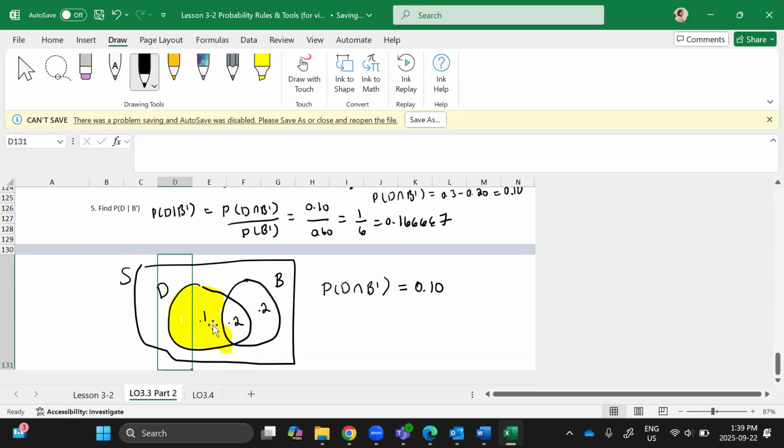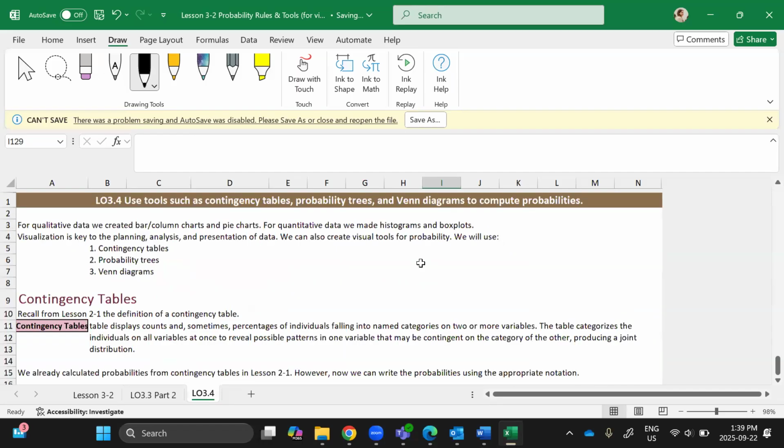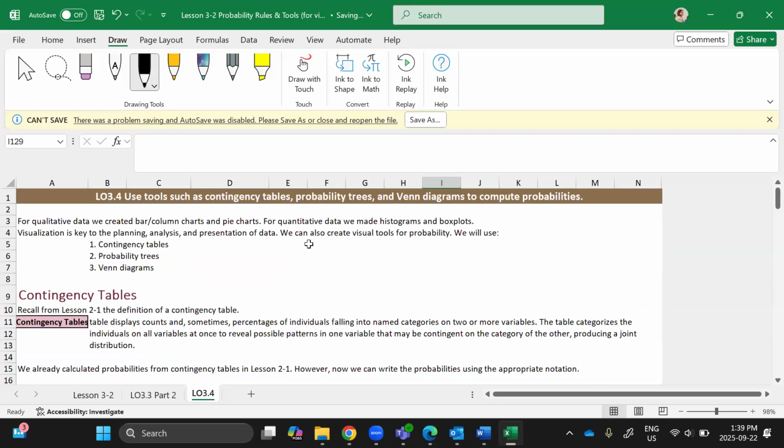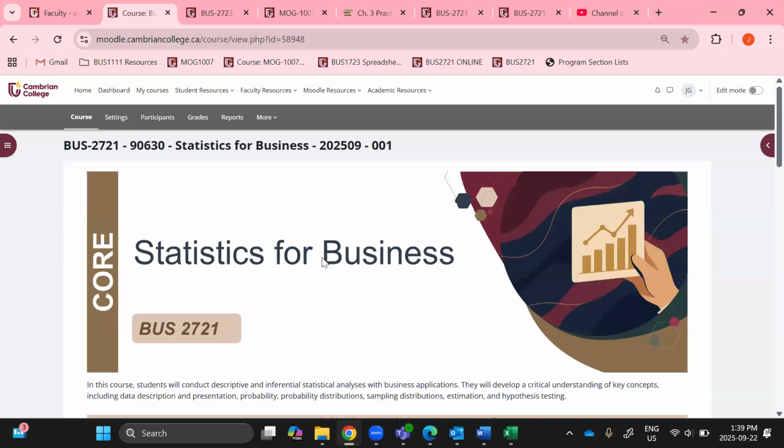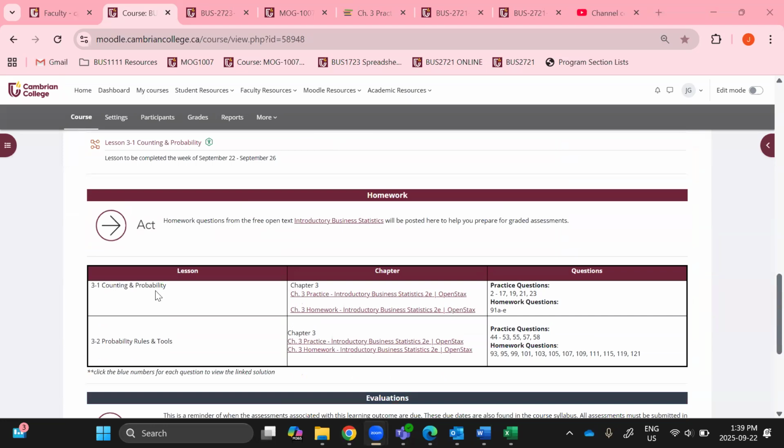So that's the last example that I wanted to show you. There's many, many more examples in the free online textbook. I have chosen a number of specific questions that are similar to the questions that we did in the lesson today, and those are in Moodle under the Learning Outcomes section. If you go to the Moodle page and then scroll down to Learning Outcome 3, you'll see the homework questions from both of the lessons there.